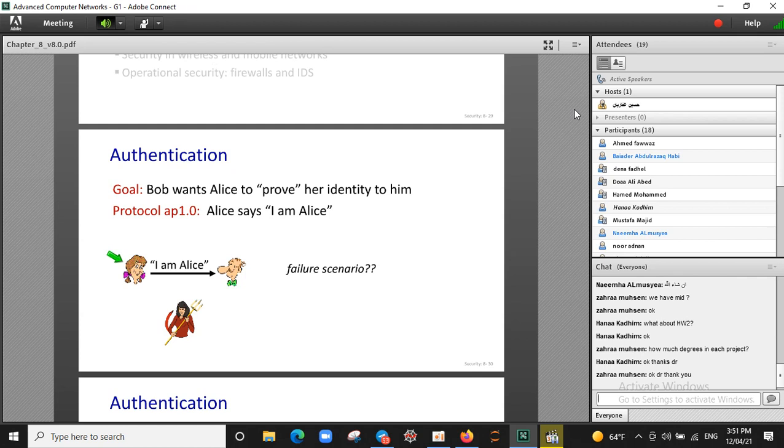Let's get back to our example, Alice and Bob, two lovers. Okay. Alice tries to send a message to Bob, but firstly, Alice should introduce herself.